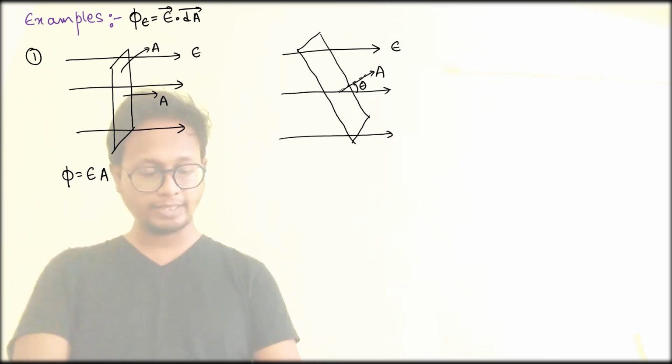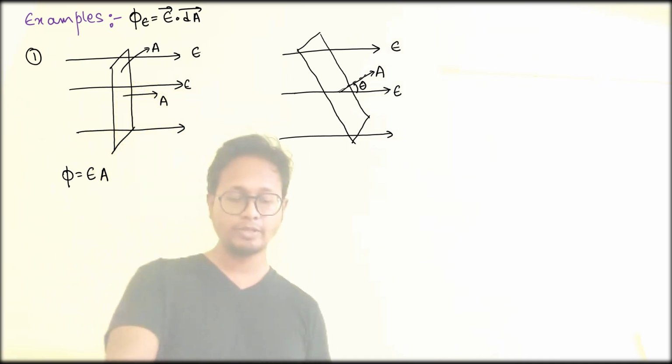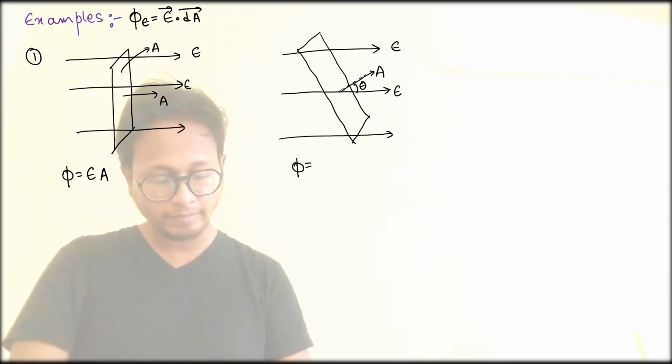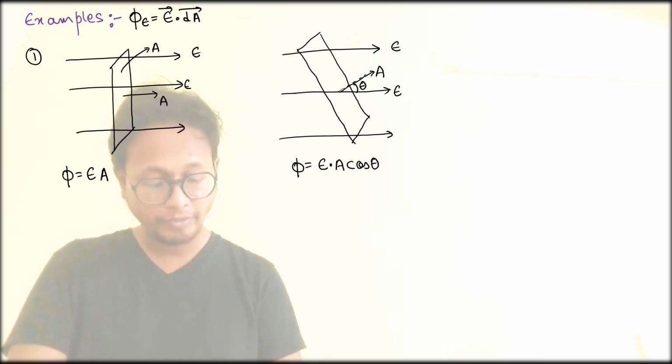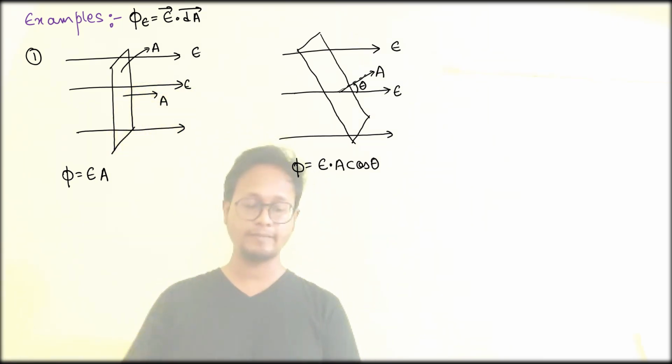This is the area vector, this is the electric field vector. So what will be the flux in the second case? Flux out here is nothing but E into A into cos theta, where theta is the angle between electric field vector and area vector. Understood?